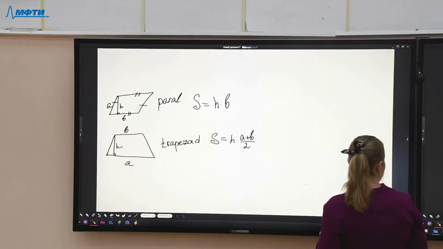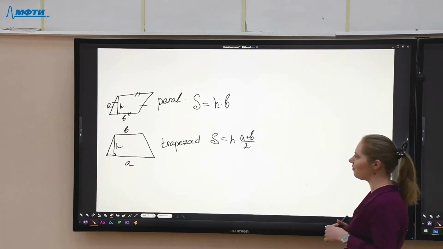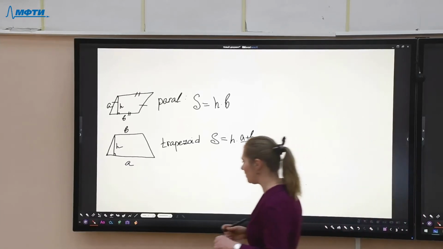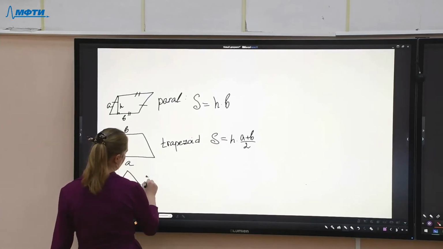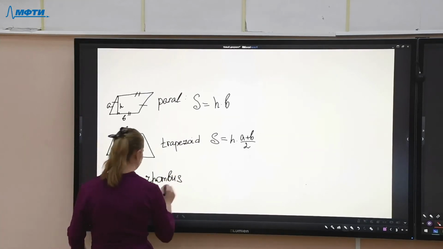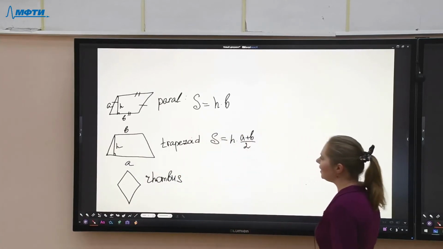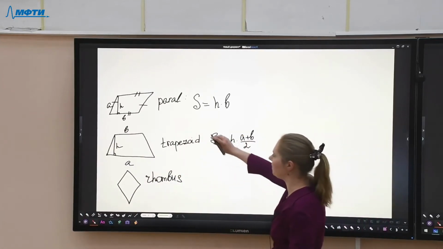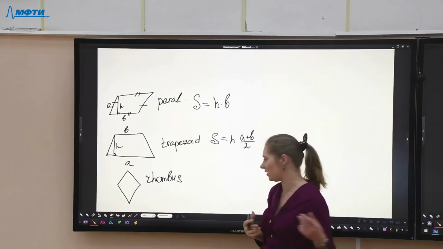Then let's talk about a particular case of a parallelogram. It's a rhombus. Of course, we can use the formula for parallelograms because, as you remember, a rhombus is a parallelogram.